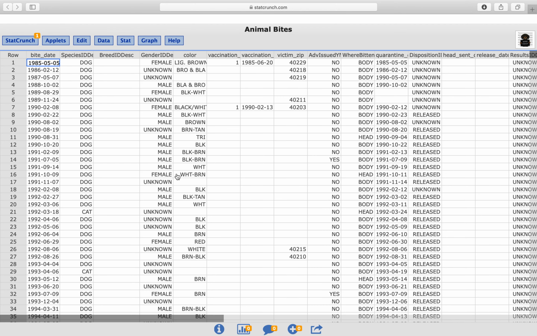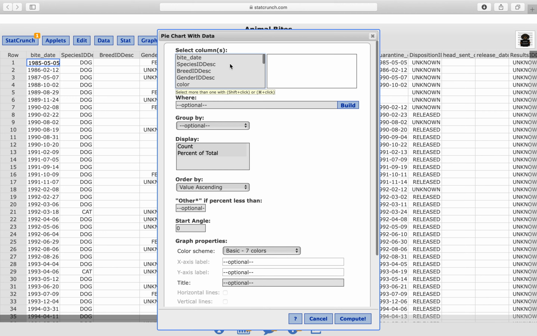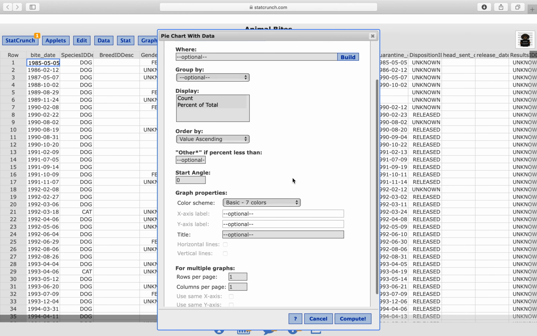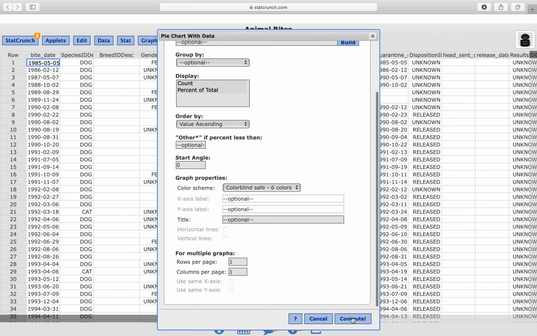We can create another pie chart to see how many of the animals were female and how many were male. If we go back into Graph, Pie Chart with Data, this time we're going to click on gender. This will tell us the male versus the female versus the unknown. This time let's change the color scheme. You can pick whichever one you want. Say you're colorblind, you want to choose colorblind safe, so we're going to go with that one, and hit Compute.